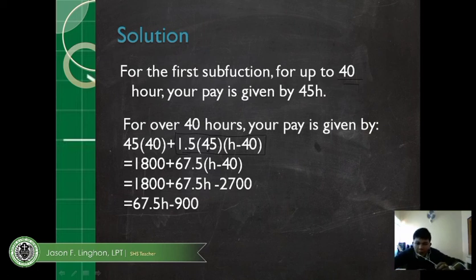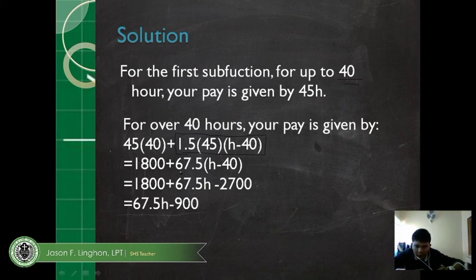So 1.5 times the hourly wage of 45 times kung ilang hour ka dumagdag, or nag-exceed sa 40. Okay, so H minus 40. So 45 times 40, that's 1,800, plus 1.5 times 45, that is 67.5, times H minus 40.